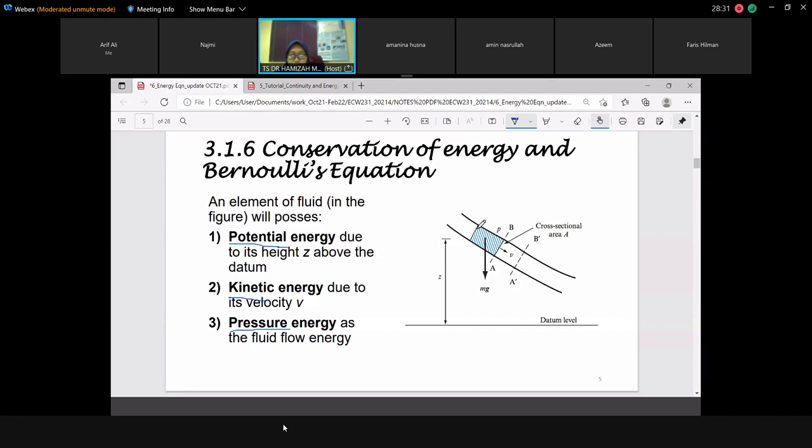So we can see from the picture here, this is the stream tube. So the blue color is considered as the cross-section area.